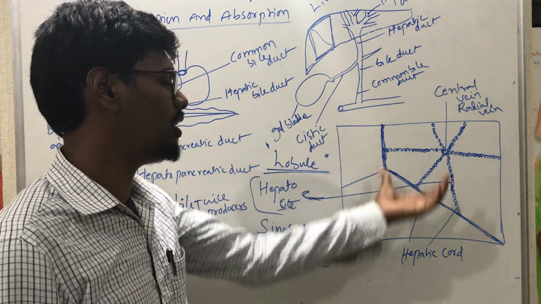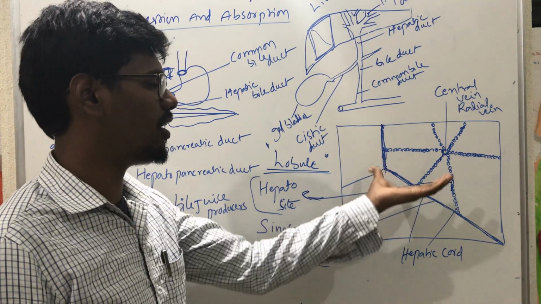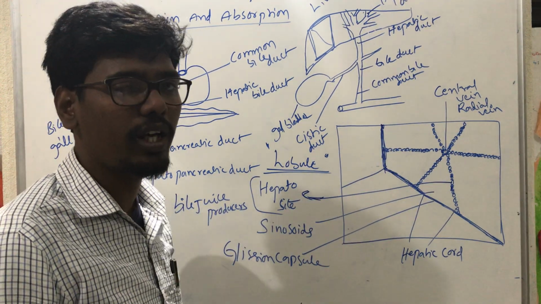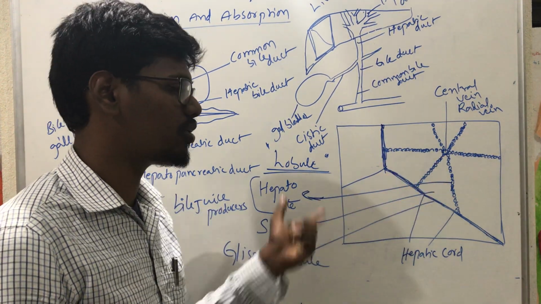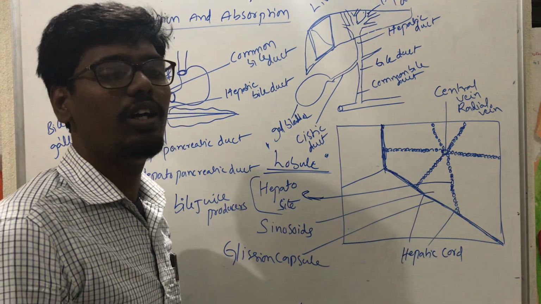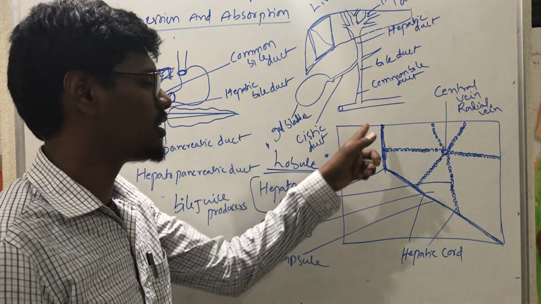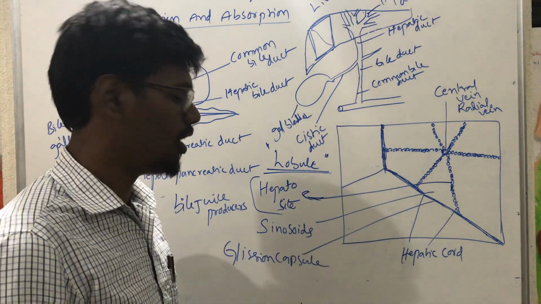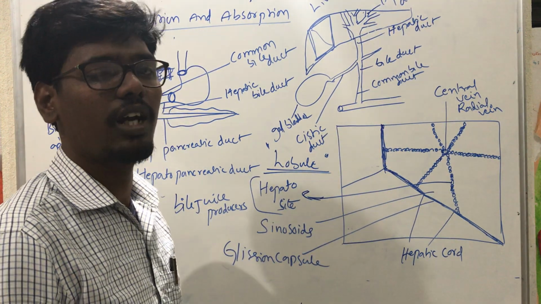Okay, this internal structure is called the liver cord. This is the central vein, which releases the hepatic cord. These cells are hepatocytes. The middle place is called sinusoids. In the walls there is some capsule and jelly-like material called Glisson's capsule.